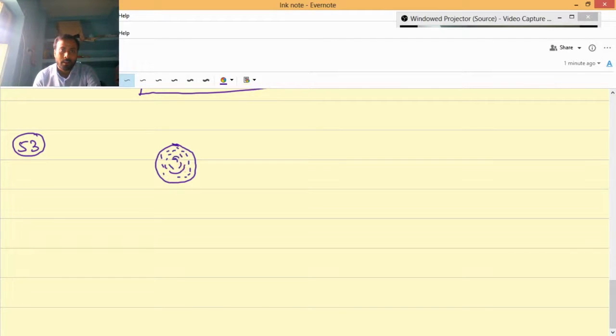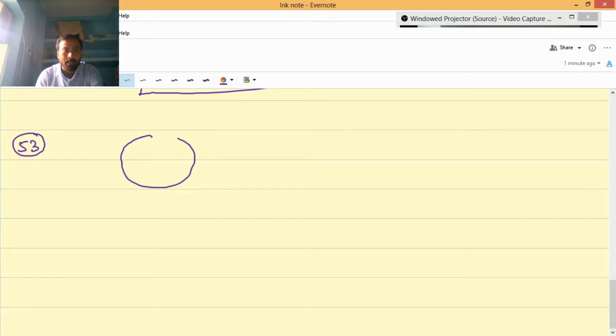So mass will be everywhere, but for the ring it was only over the periphery. This is the difference between a disk and a ring.